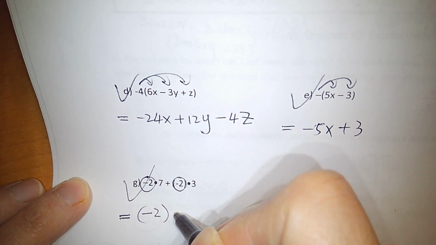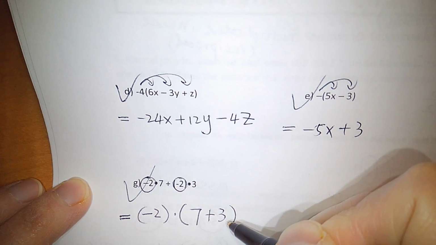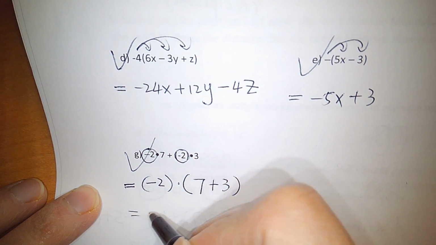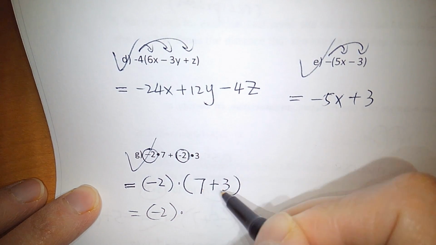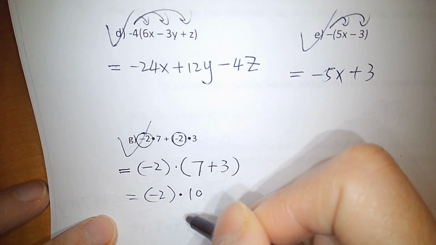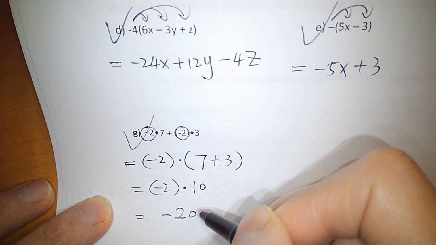Pull the -2 out, add 7 and 3, right? And then it gives us negative 2 times, what is 7 plus 3? 10. And negative 2 times 10 gives us negative what? Negative 20.